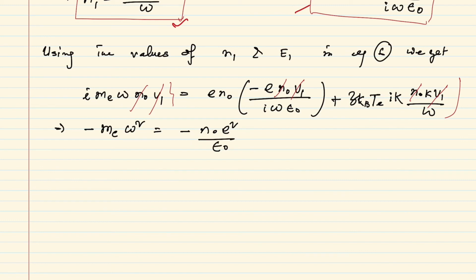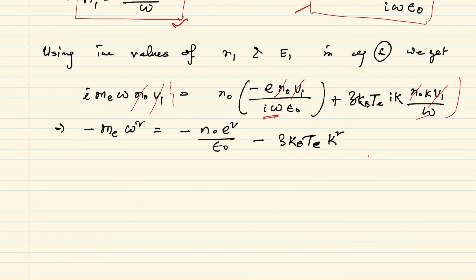This i omega will be cancelled out by the i omega you have multiplied on both sides. And after multiplication of i with this i, i square gives minus 1, so you get minus 3 k B T e k square. This omega will be cancelled.